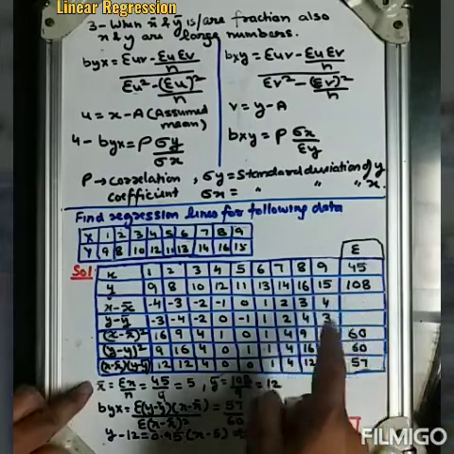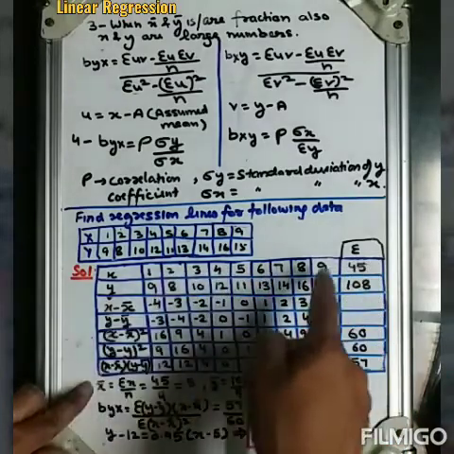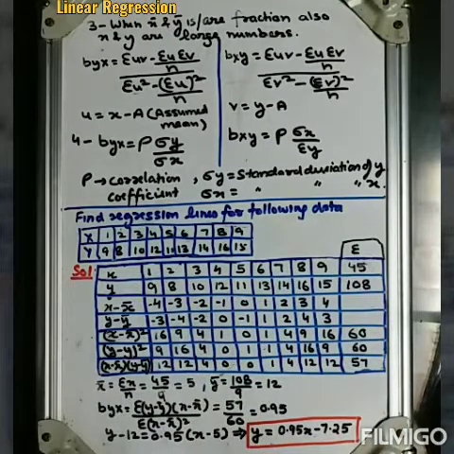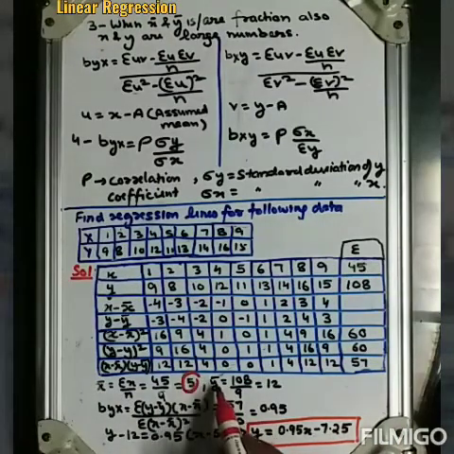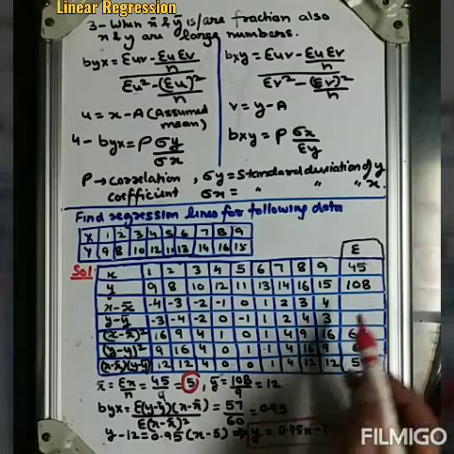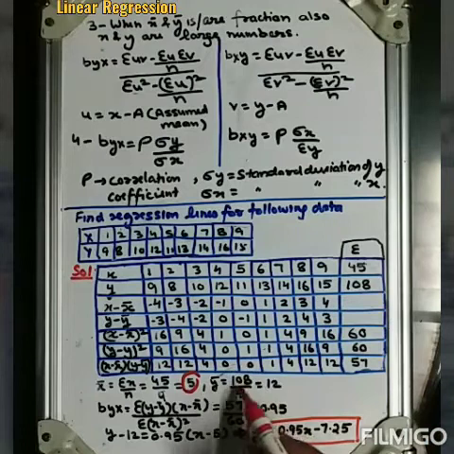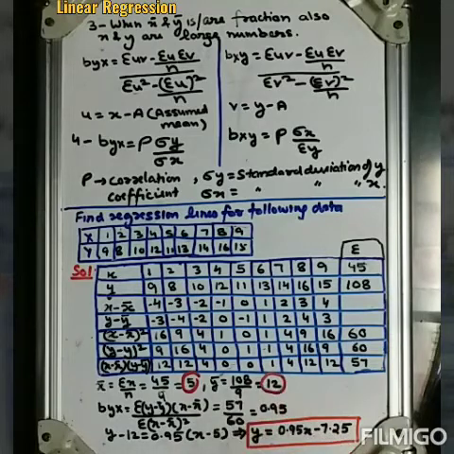So mean of x is sigma x upon the number of observations, 9, so 45 upon 9 is 5. Same way, the mean of y is the sum of all y's, 108, upon 9, which is 12. Both are non-decimal numbers, so we have to apply the first formula.